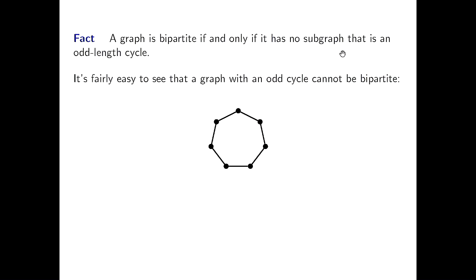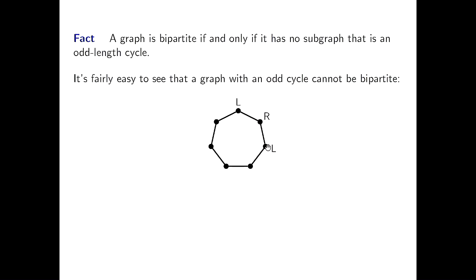We sometimes call an odd length cycle just an odd cycle. So 1, 2, 3, 4, 5, 6, 7. Well, if this was a bipartite graph, think about whether these vertices were on the left or the right. Say this one was on the left, for the sake of argument. Well then, because this is an edge, this one would have to be on the right, because they can't both be on the left because this graph is bipartite.